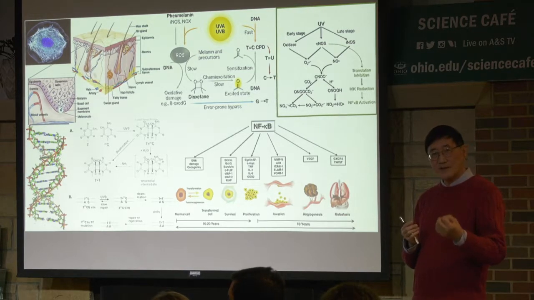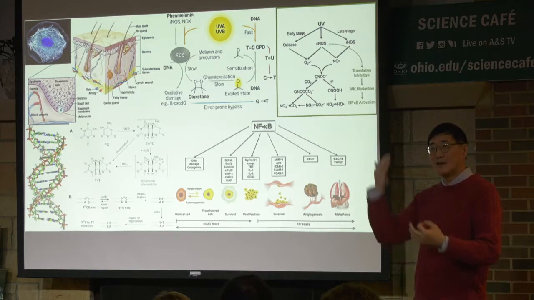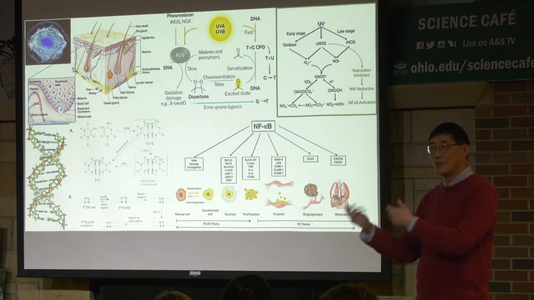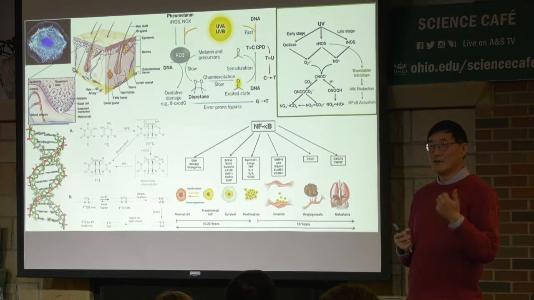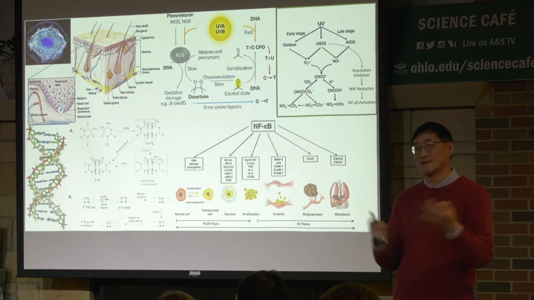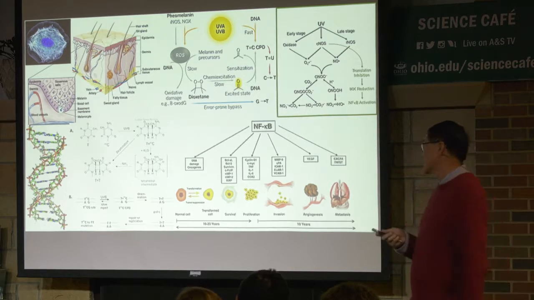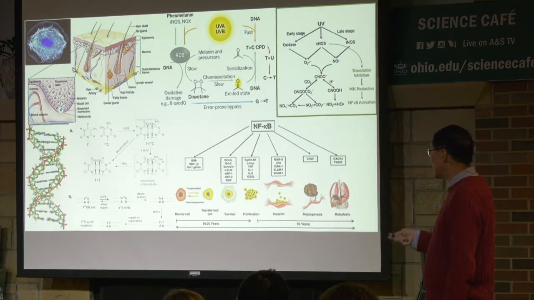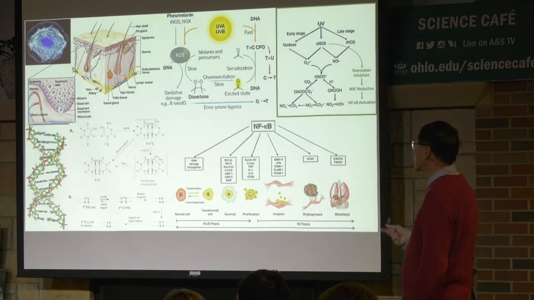So the cell survives, then they just keep surviving. Every time you hit your mutation, they don't remove. So often your cancer cell develops from a single cell. It's monoclonal. Takes 10 years. Okay, so what we study is how we can prevent these kinds of mutations and what the cellular response is.